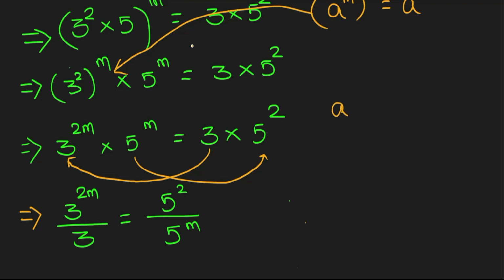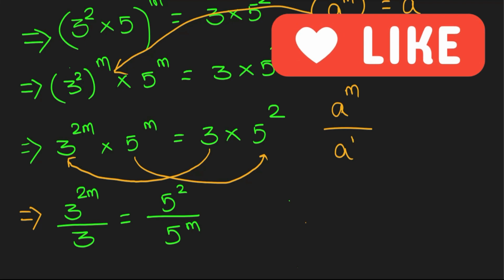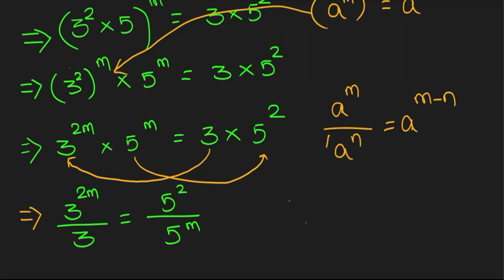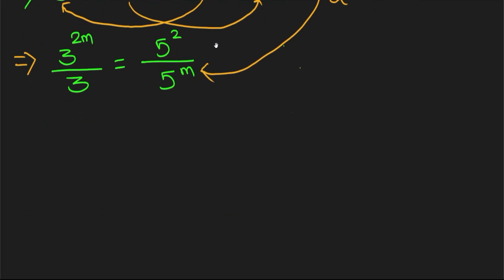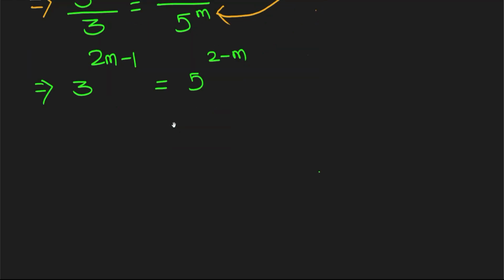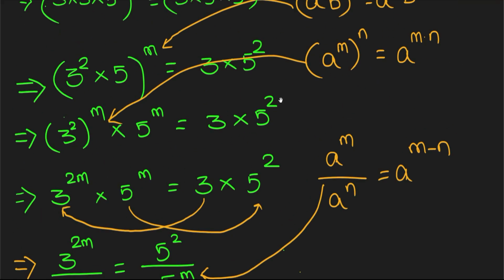As we know a formula, a to the power m divided by a to the power n is equal to a to the power m minus n. We will apply this formula in this equation. Now we can rewrite this equation as 3 to the power 2m minus 1 is equal to 5 to the power 2 minus m.